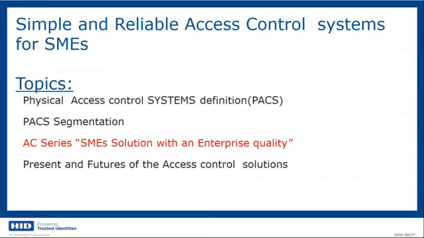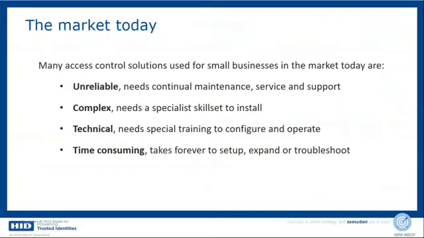Now, we're going to start talking about our new product that is dedicated to this kind of enterprise. It's called AC Series. Why did we create this kind of equipment? HID saw that in the market today, we have a lot of access control solutions, but all of them are unreliable. Some of them are really complex to install. Sometimes you need to be an expert in order to adjust them and do the installation.